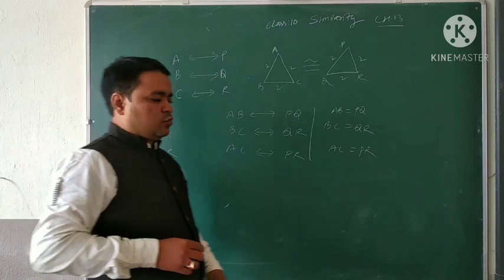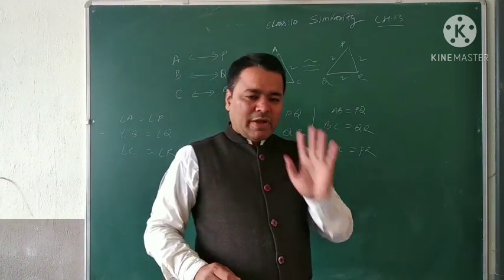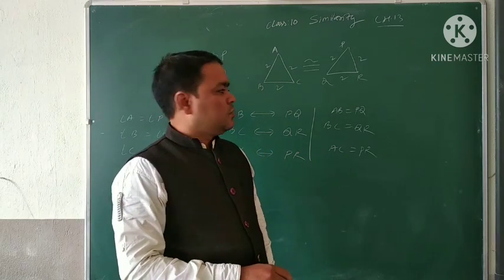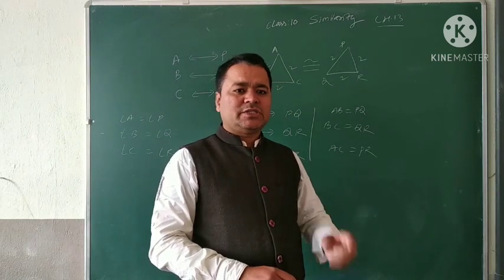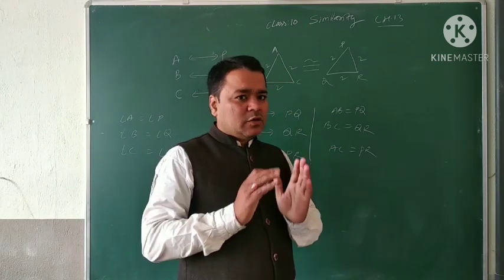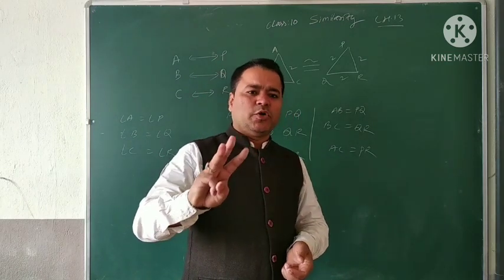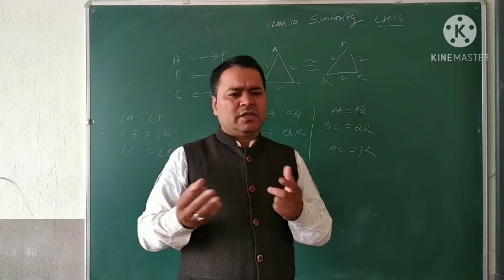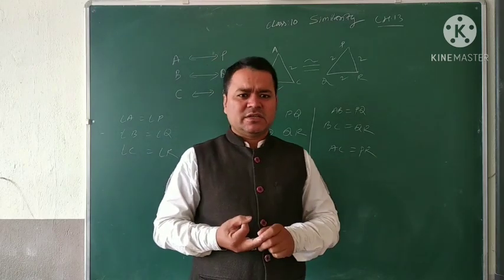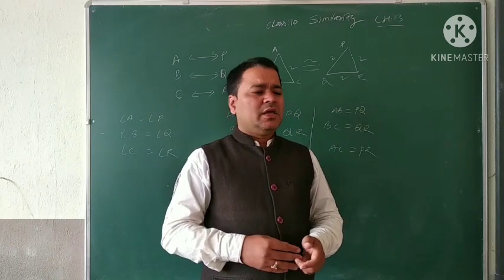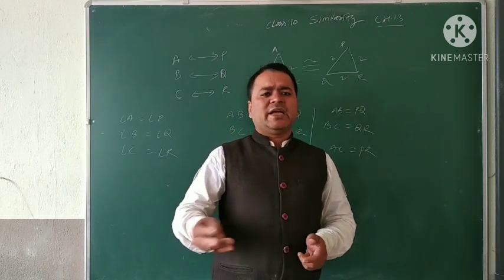Now we have 5 criteria for the congruency of two triangles. With the help of any one, we try to find equality. We try to just prove the equality of 3 components. These 3 components may be 3 sides should be equal, SSS. It may be angle side angle. It may be side angle side.